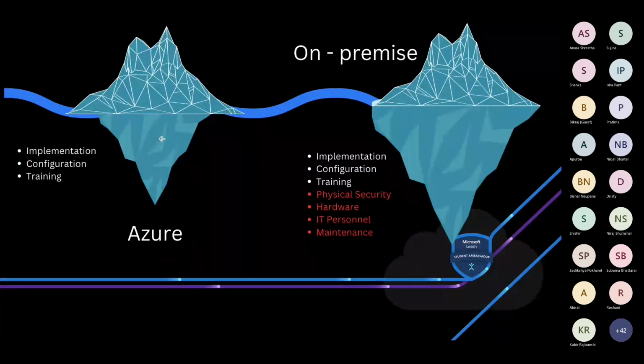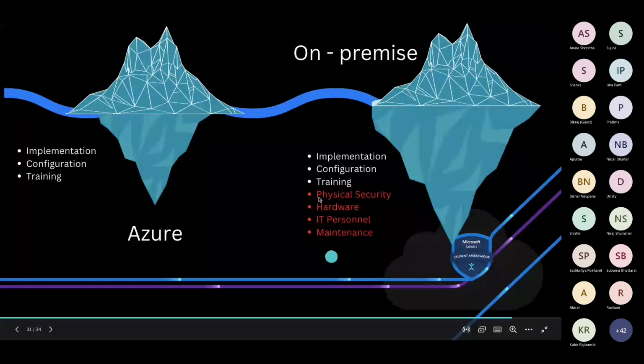So in Azure, you don't have to manage the physical security, hardware, IT personnel, maintenance, and in the long run, Azure or any other cloud service provider provides you with the services at a very low cost and even high efficiency, whereas in on premise you'll have to struggle managing the physical security, hardware, IT personnel, maintenance, and this is what causes us to get more drained out, or makes us invest more on certain things which we could have easily avoided.